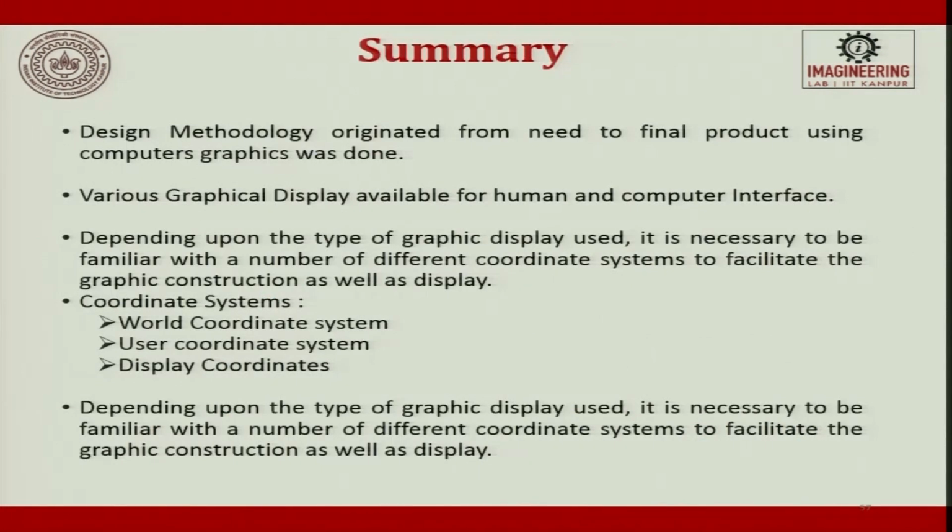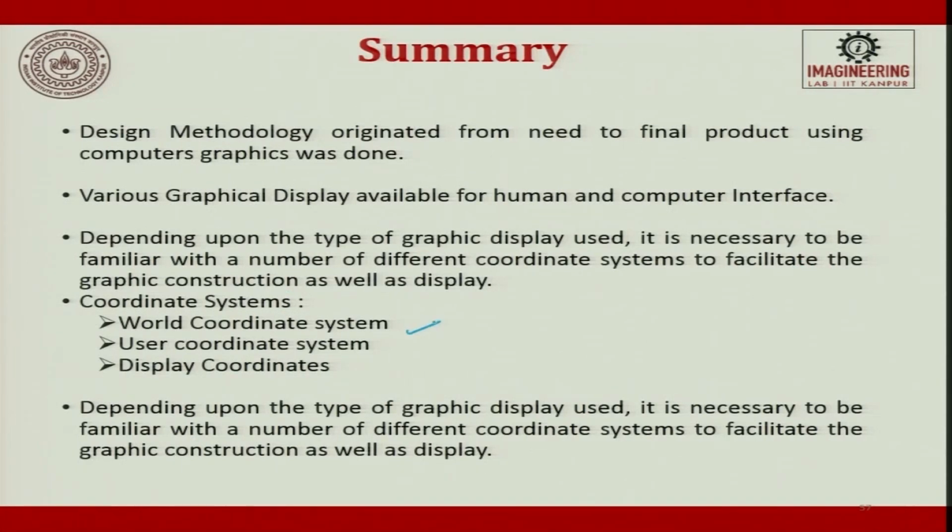To summarize what we saw in this particular chapter, we saw design methodology originates from need to final product using computer graphics. Various graphic displays available for human and computer interface we saw. Depending on the type of graphic display used, it is necessary to familiarize with a number of different coordinate systems to facilitate the graphic construction.